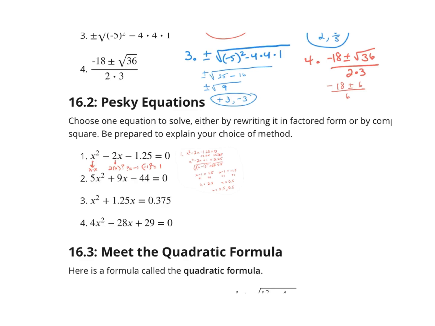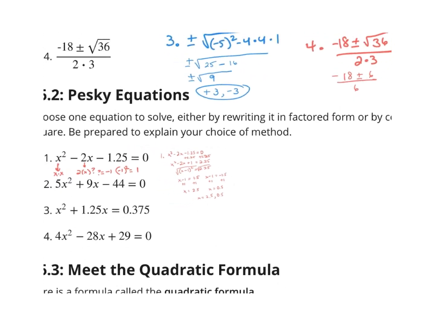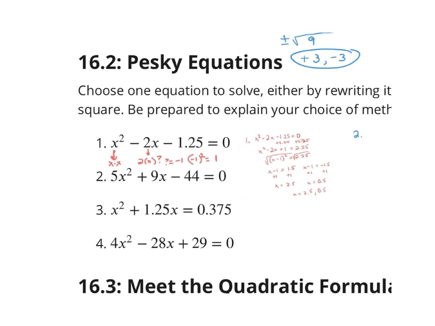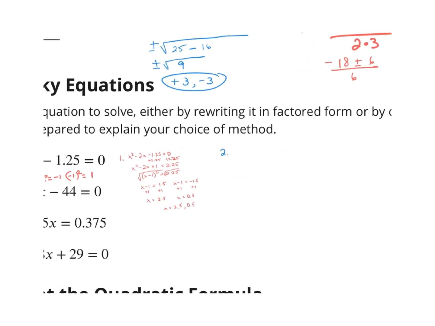For this one, I think I'm going to use factoring, but I'm going to do the factoring by creating a perfect square. So if I have 5x squared plus 9x minus 44 equals 0, first, I'm going to multiply everything by 5.